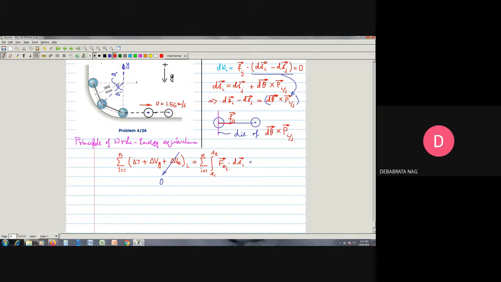So here basically you will be having all these normal reactions like this. This is the normal reaction, this is the normal reaction, this will be another normal reaction, but all these normal reactions are actually reactive forces, they are not contributing anything in the work equation. So ultimately we see that there will be some friction forces associated here, here, as well as here.